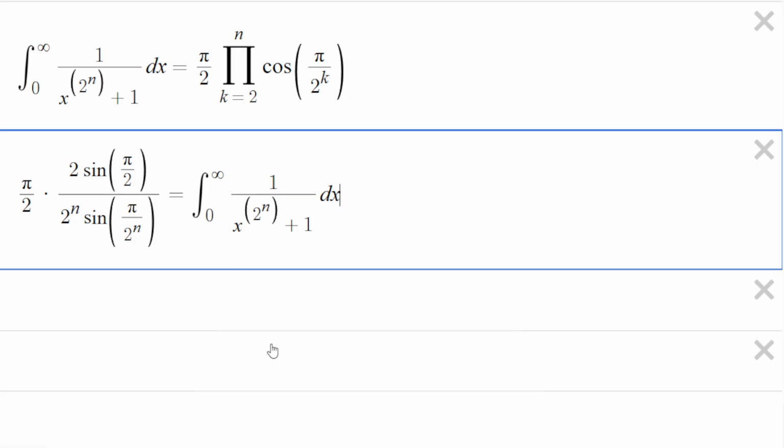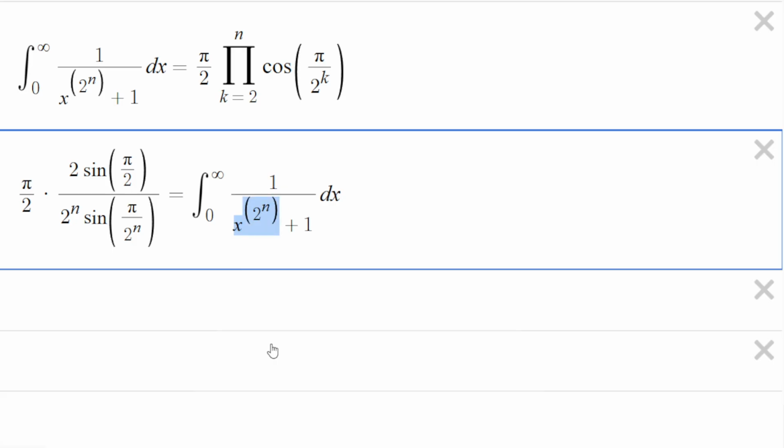Now comes kind of a wishy-washy part. We're going to replace 2 to the n with just some other variable t. Okay, and we're justified in doing this because 2 to the n grows and shrinks smoothly as n grows and shrinks smoothly.